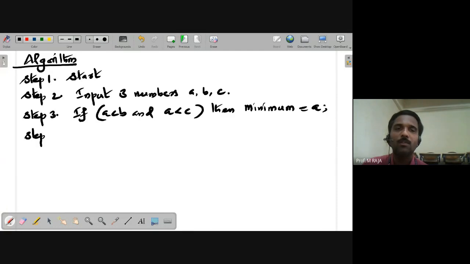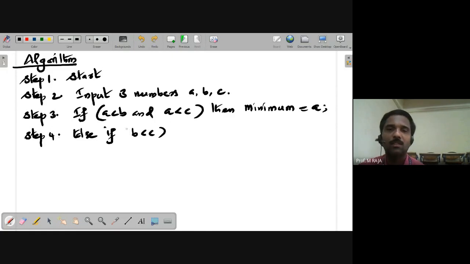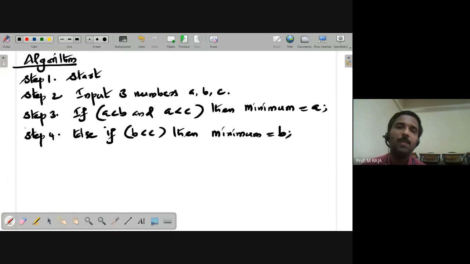Step 4, here the condition is false, so we can write the else statement starting from here. Else, if the condition fails, further we can check B and C. Else if B is less than C, then minimum is equal to B. Else we can also write in the same step, or we can move it to the next step.